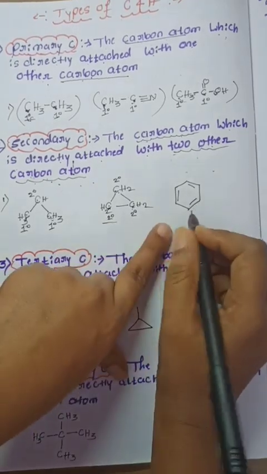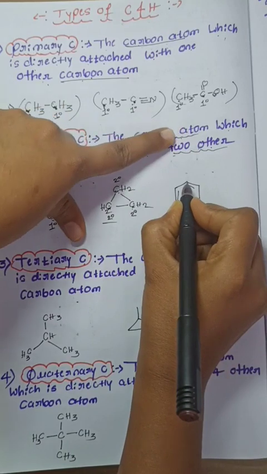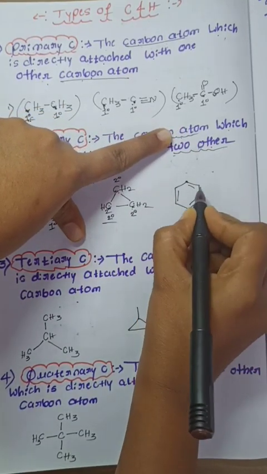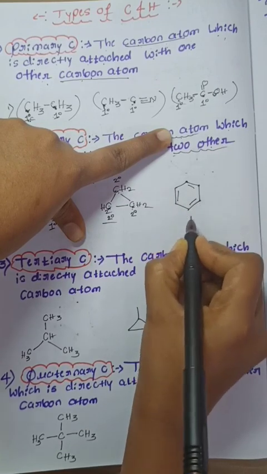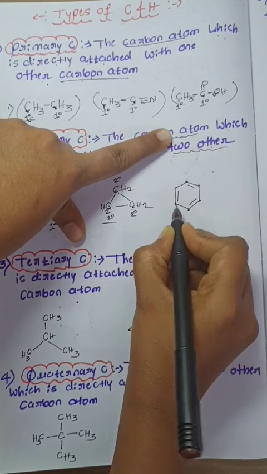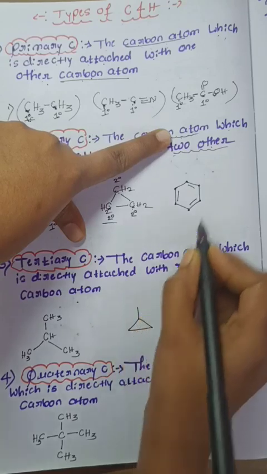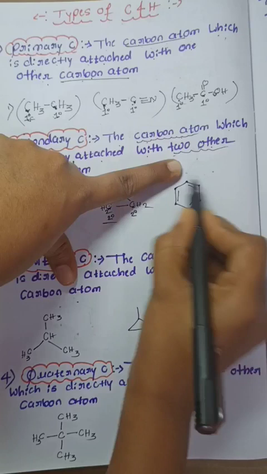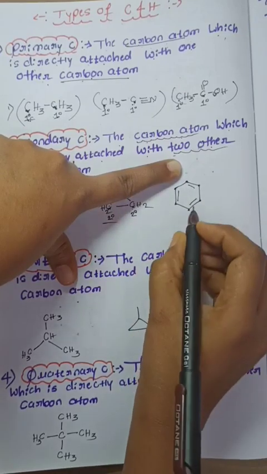Now in this example, this one we call a benzene ring. Here this is the first carbon, second carbon, third, fourth, fifth, sixth carbon. This point indicates a carbon. In total, in this benzene ring 6 carbon atoms are there.